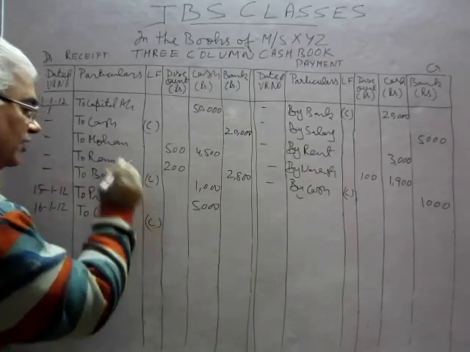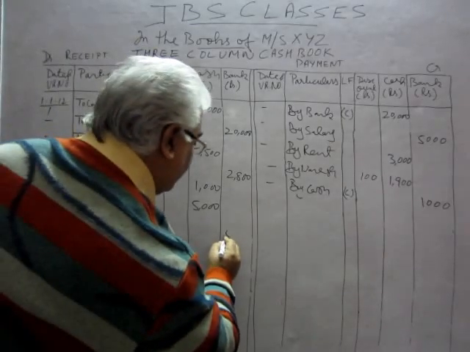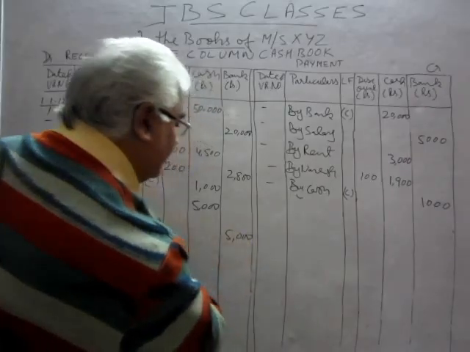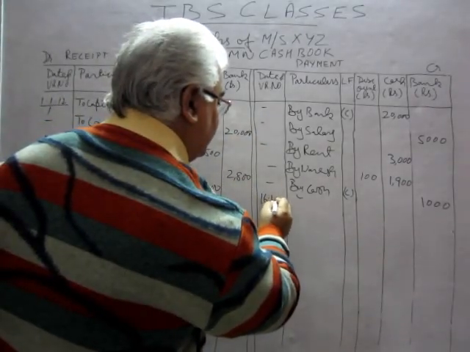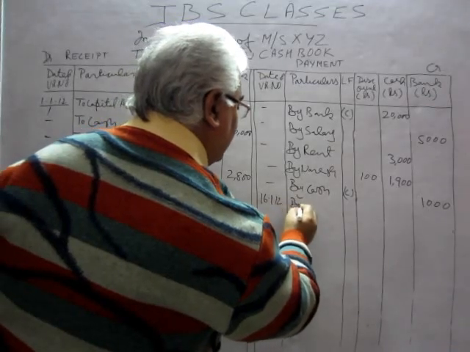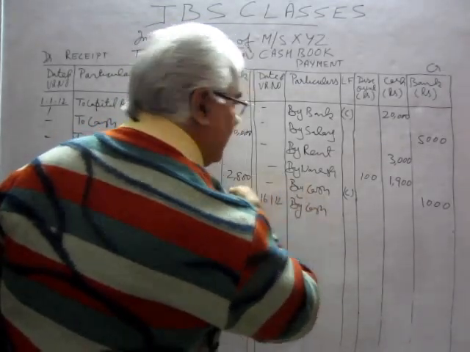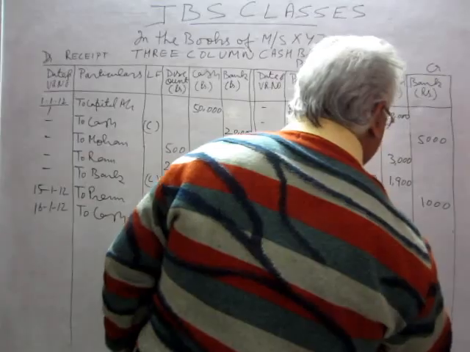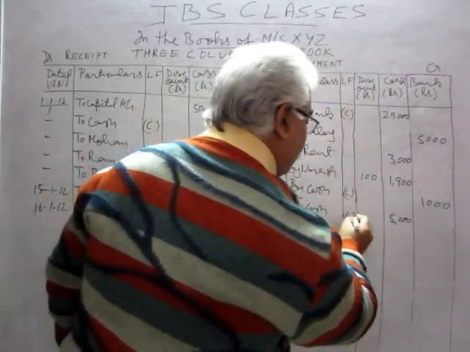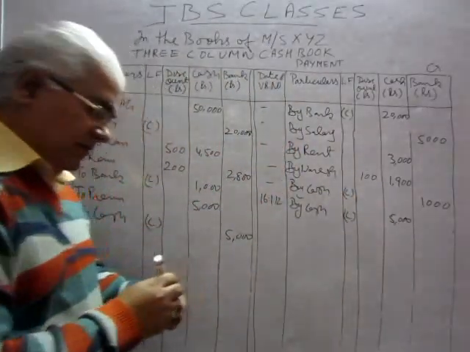It will be a contra entry. And it will go out from cash, by cash 5,000. Okay, again this is a contra entry.